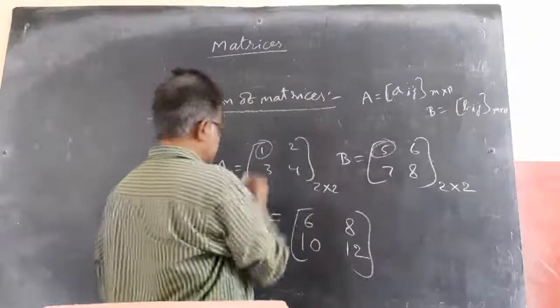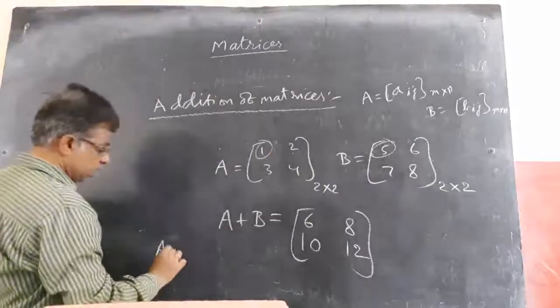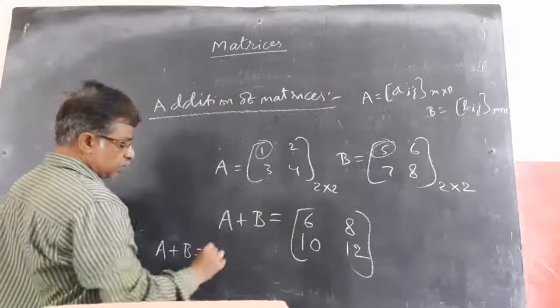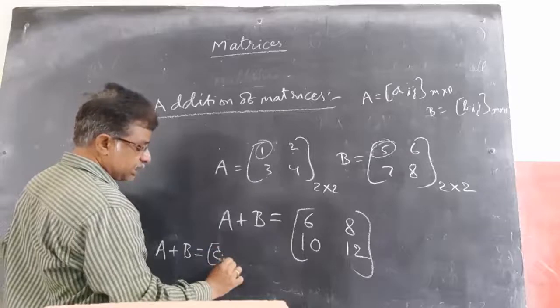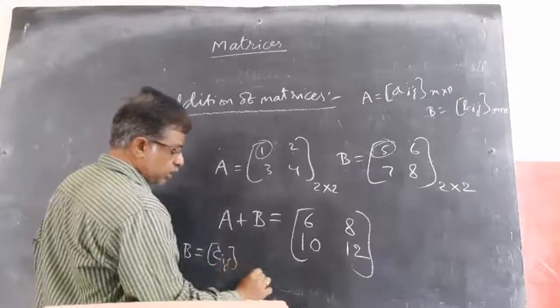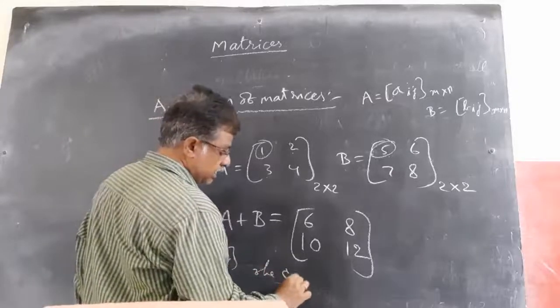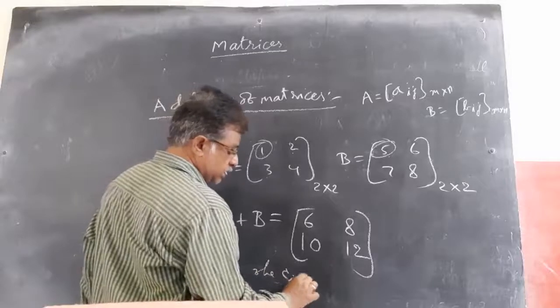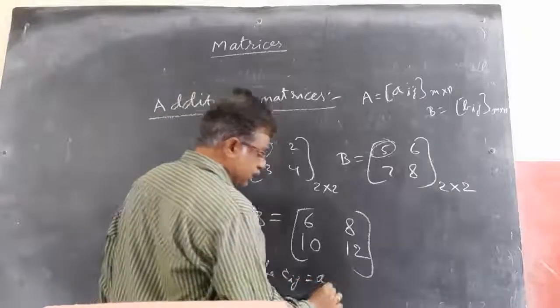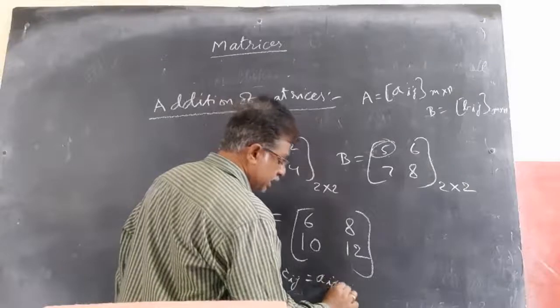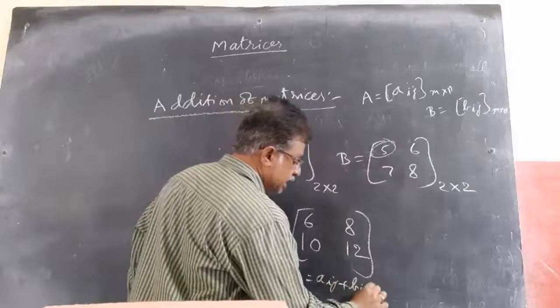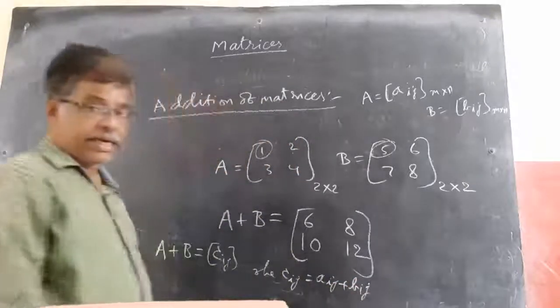Addition is A plus B equals Cij, where Cij equals Aij plus Bij. Aij plus Bij means corresponding elements are to be added.